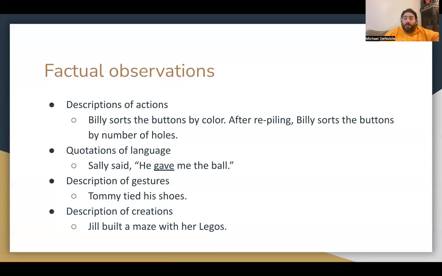That's a descriptive. You're not saying slowly or quickly. You are adding another factual observation, even though that's more of a measurement. But the point is that you're not qualifying the observation with interpretation or commentary. Description of creations. Jill built a maze with her Legos. Straightforward. That's the importance of the factual observations.